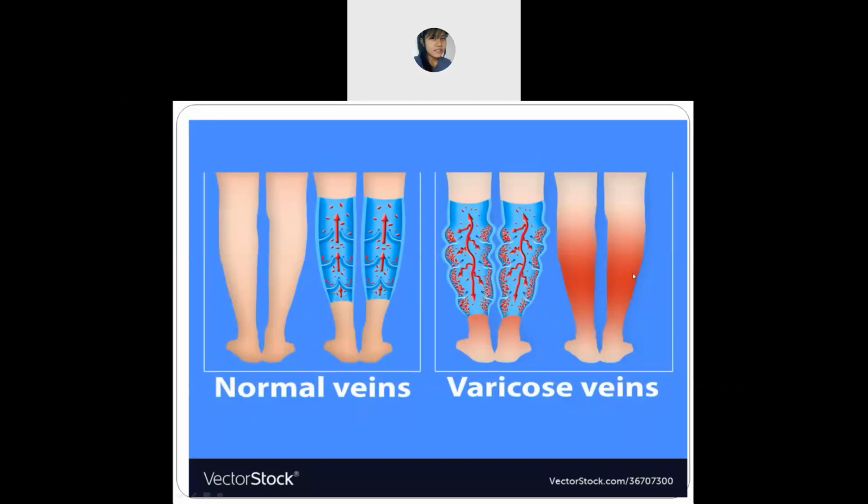Am I audible? Yes, ma'am. Okay, Srijana, can you tell me any symptoms of varicose vein? Ma'am, skin discoloration, itchiness, hardening of the vein.